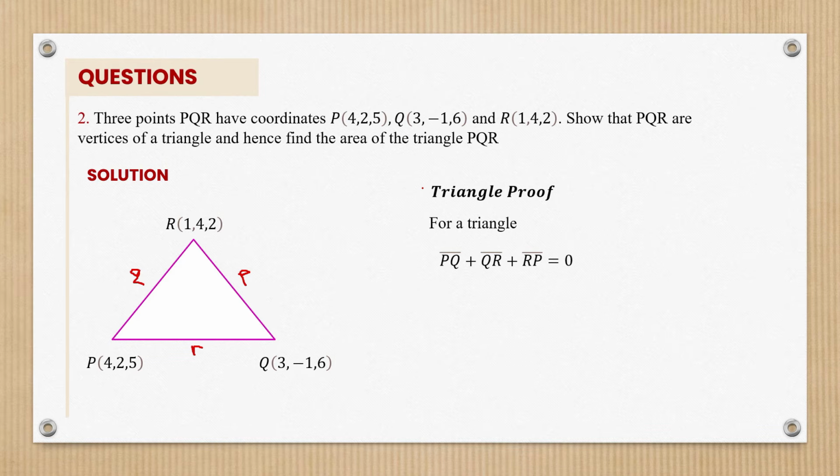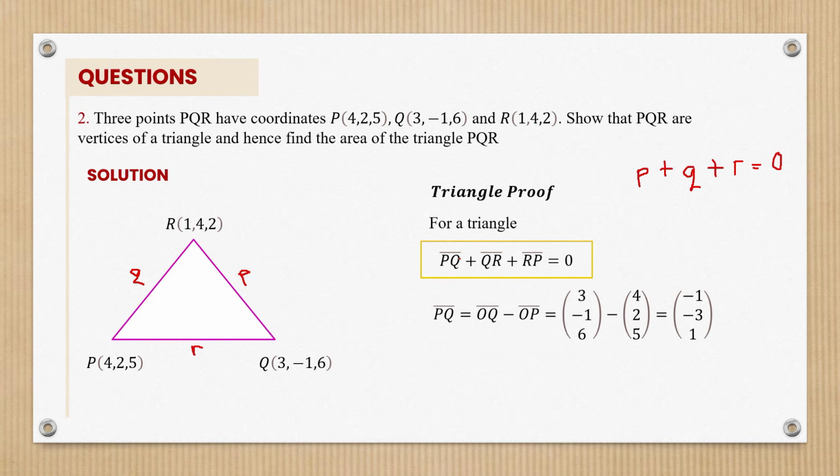For a triangle, PQ plus QR plus RP should be equal to 0. That's also like saying small p plus small q plus small r should be equal to 0. So that's supposed to be true.